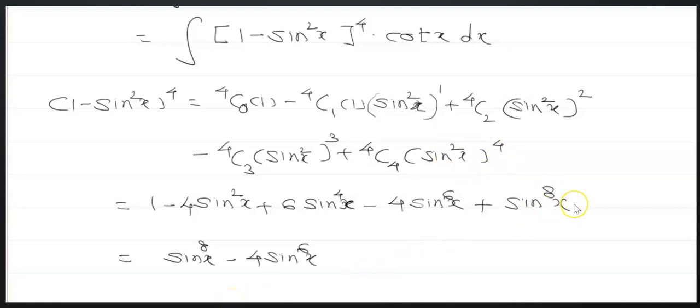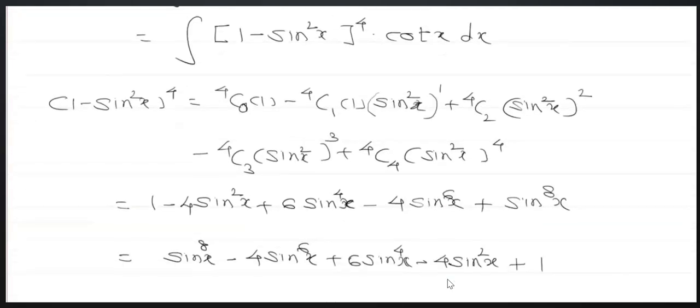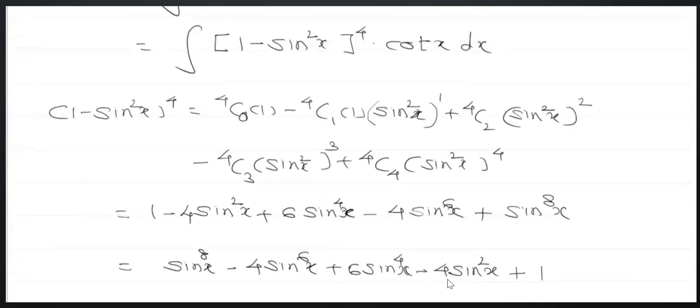Now see this again, writing these terms in this sequence: sin of x raised to 8 minus 4 sin of x raised to 6 plus 6 sin of x raised to 4 minus 4 sin square x plus 1. Last is plus 1.